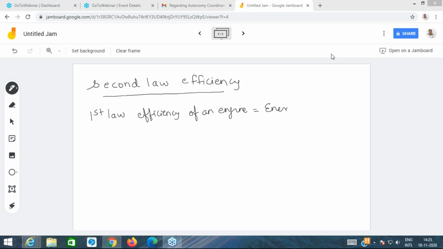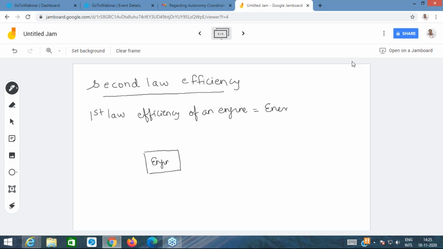So let me discuss this concept more. This concept is about the second law efficiency. The first law efficiency is the energy efficiency. If you consider an engine, for example, what is the first law efficiency for a heat engine?